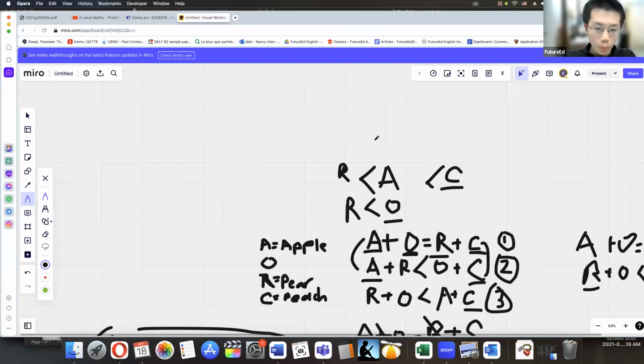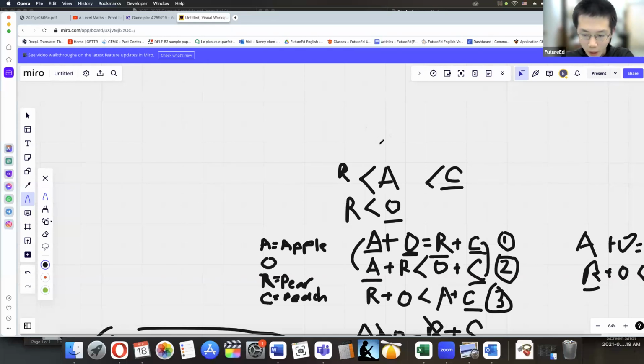So now this is where our proof by contradiction comes in. Jason already guessed that peaches are the heaviest, right? Just by looking at the system of equations. I'm just going to contradict him and say, hey, oranges are heavier, because oranges, they're spherical, they look nice, so they're heavier, okay? So we're going to assume that oranges are heavier.